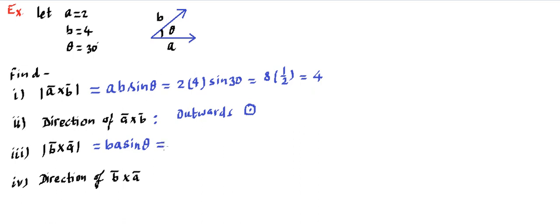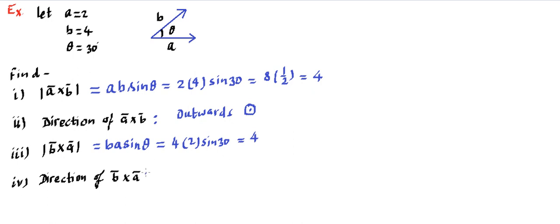So B value is 4, A value is 2, and sin theta is sin 30 degrees, which is half, so it's going to be 4. From here, one thing we can conclude is that the magnitude of A cross B and the magnitude of B cross A are going to be identical, because AB sin theta is equal to BA sin theta. So that will become one of the properties of cross product.